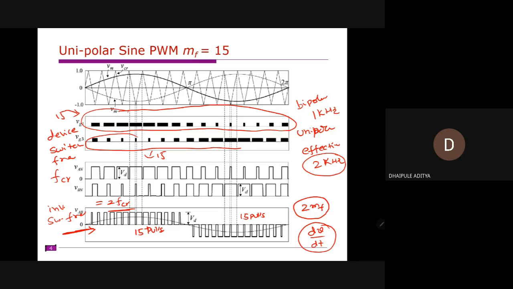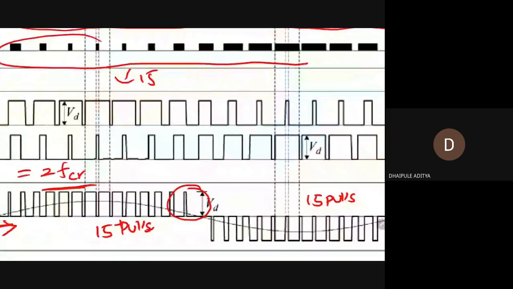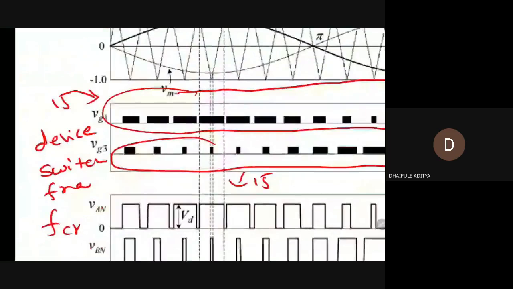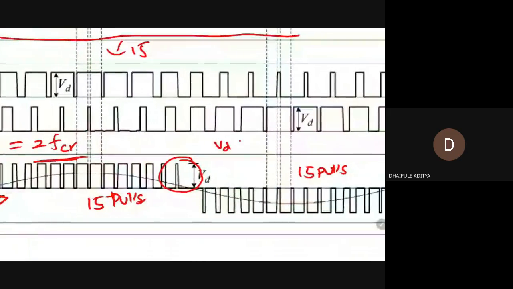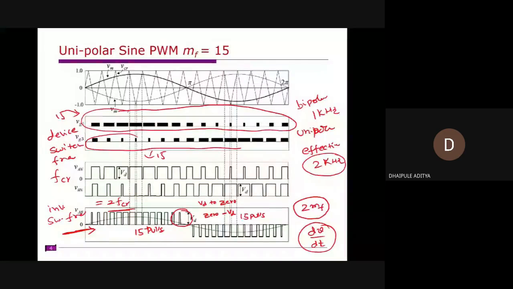In case of unipolar, the voltage transitions from VD to 0 and from 0 to minus VD. That is the stress that the device must withstand.